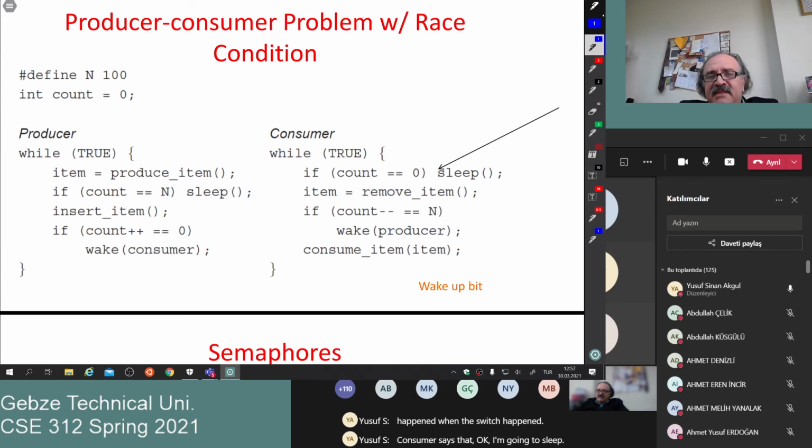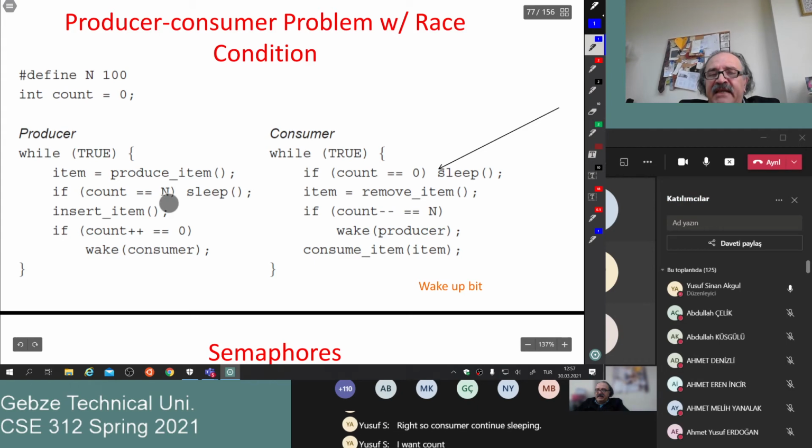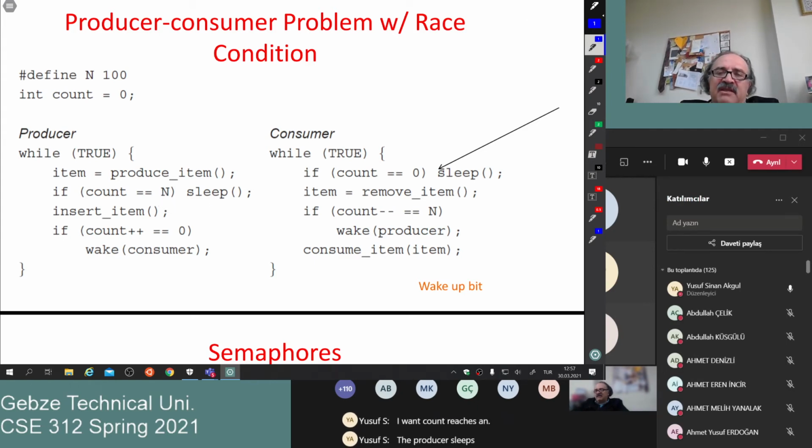Consumer sleeps, and the next time the loop happens, count is not 0 anymore, and I don't wake the consumer. So the consumer continues sleeping, and when count reaches n, the producer sleeps, and both of them are now sleeping.